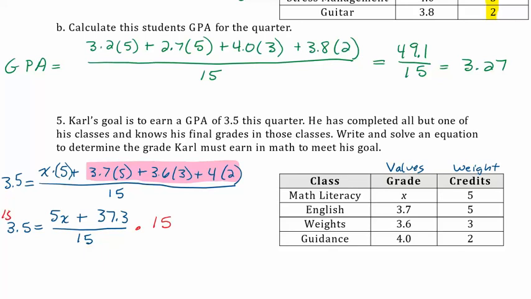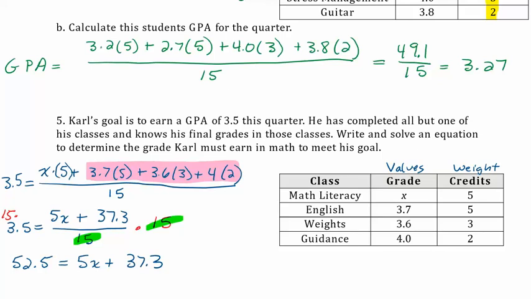On the left-hand side, I'm going to do 15 times 3.5, and that's going to give me 52.5. On the right-hand side, these values are going to cancel, or divide to be 1. So I'll be left with 1 times 5x plus 37.3, which is just 5x plus 37.3.